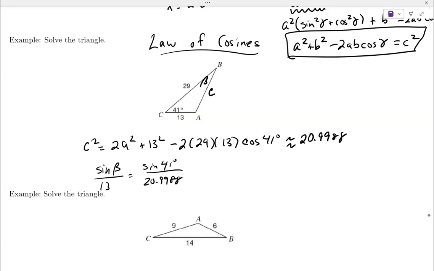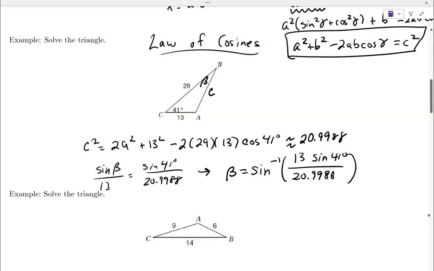Because you'll be using a rounded number to find a new rounded number, so you can start getting some rounding errors. You should get inverse sine of 13 sine of 41 over 20.9988.